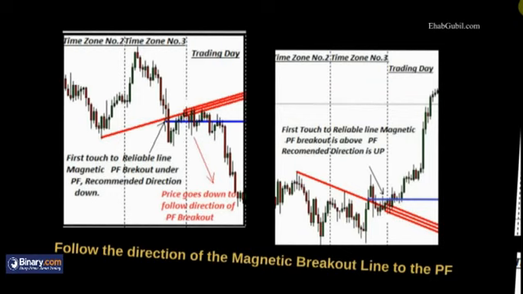When it's above the PF, we will consider it as up to this breakout. As we can see, we will follow the position of the magnetic breakout line relative to the PF, and this will be our recommended direction. If it's above the PF, we will suggest the long side, and if it is below the PF, we will suggest the short side.